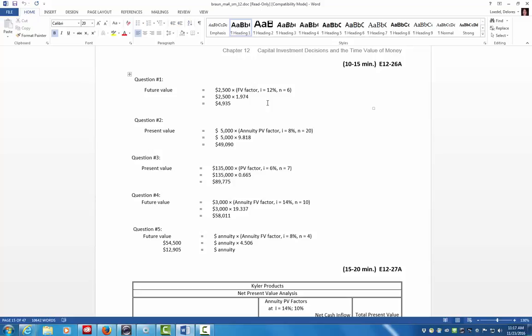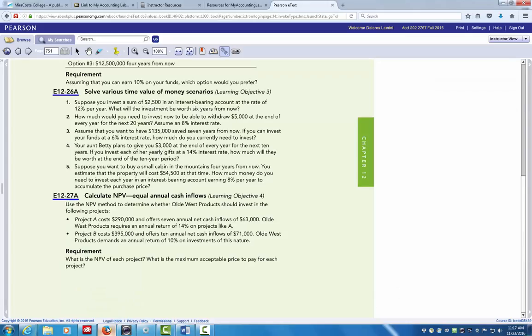Using 12% for 6 periods, we get 1.974. So that future value would be $4,935.